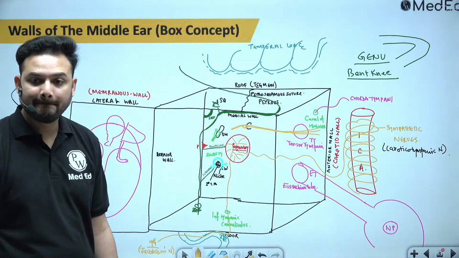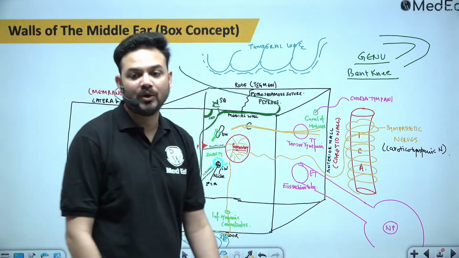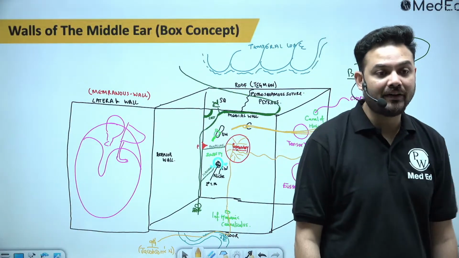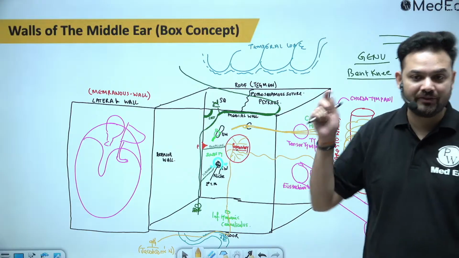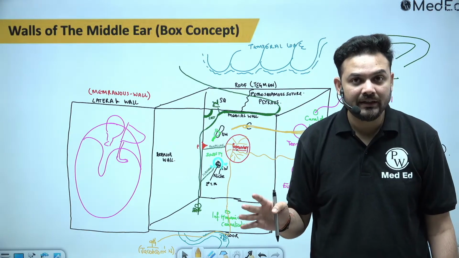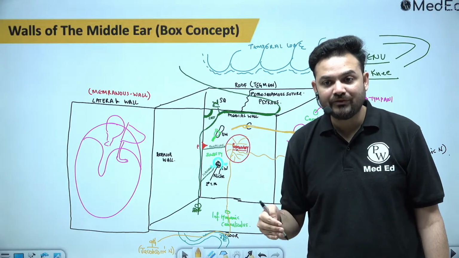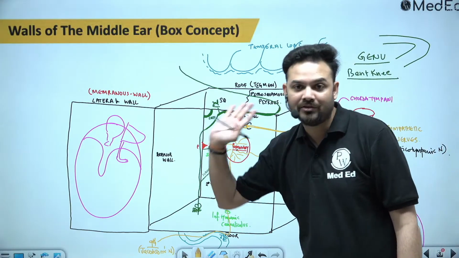Right? Correct? So these are the 10 things that are present on the medial wall of the middle ear. And I hope you guys have understood what the medial wall has to offer, or what this medial wall of the middle ear is all about. Okay? Is there any question till now before we move on to the final wall of the middle ear?